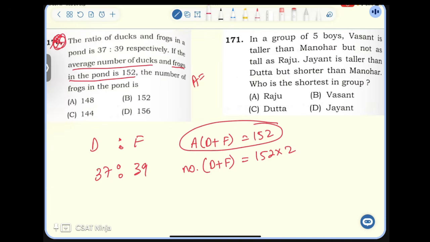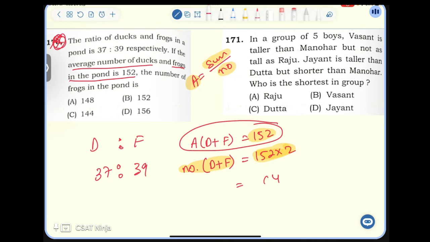So if I multiply the average with the number of observations, I'll get the total sum. That's what I'm doing: multiplying the average with the number of terms, which gives me the total number of ducks and frogs together.